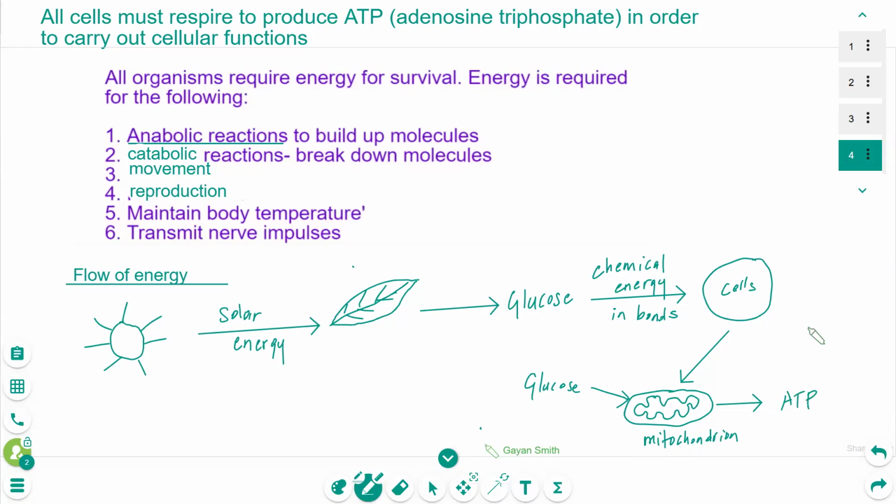So the aim is to show you that ultimately the ATP that we are making was actually sourced from the sun.